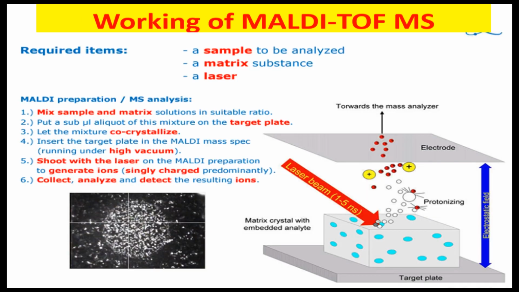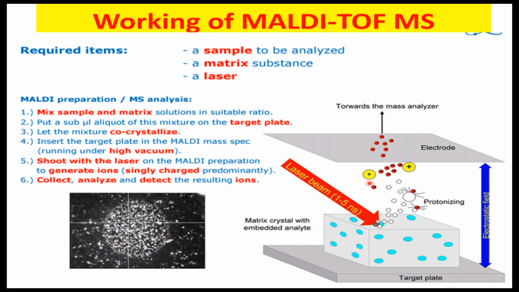So how does this laser create the ions? This should be your question. The laser beam is incident on the matrix, that is finely grained material, along with the sample. These blue ones that you can see are the samples. As the laser beam hits the sample present in the matrix, that is within the crystal, the ions are generated.